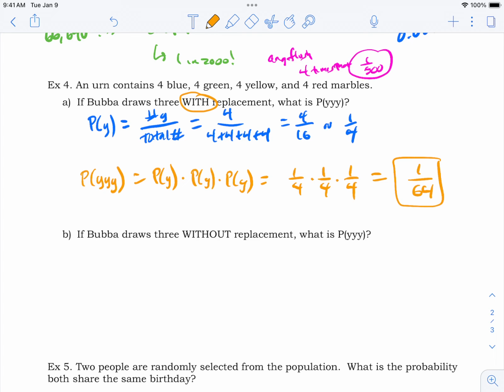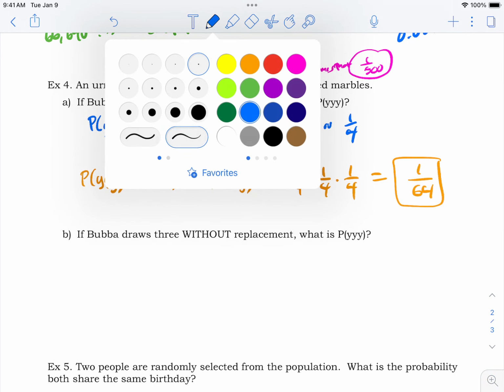Part B is saying without replacement. So now you have to take into account that it's going to be harder to get another yellow one if you already took 1 yellow out of the pot, the urn, so to speak. So I'm going to write this just to give you some sort of a notation that you might like to use. Let me use that color again, in other words.